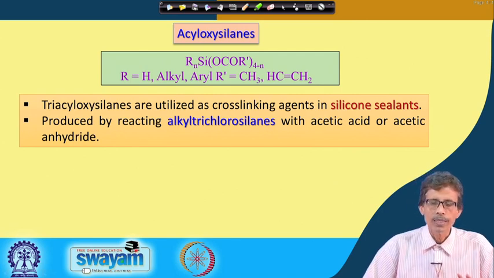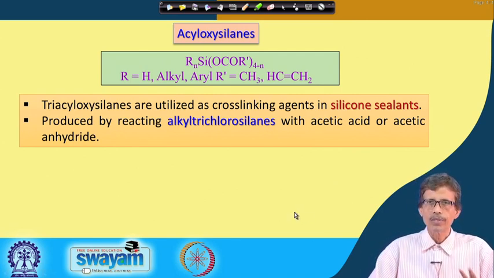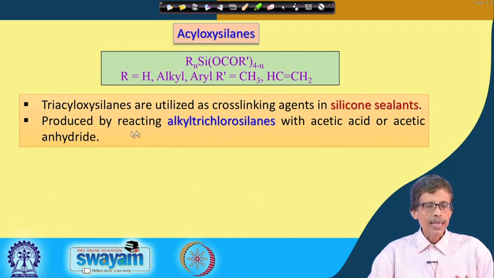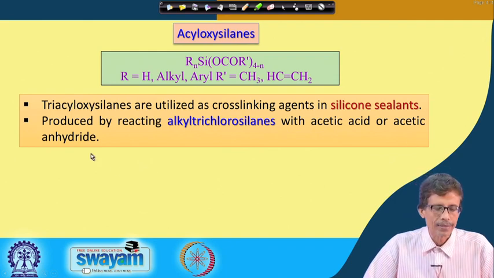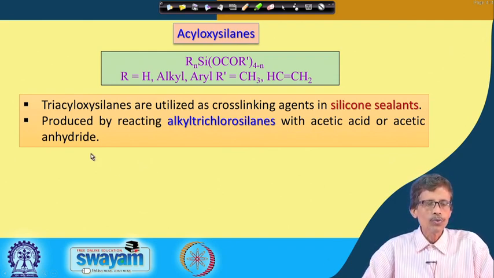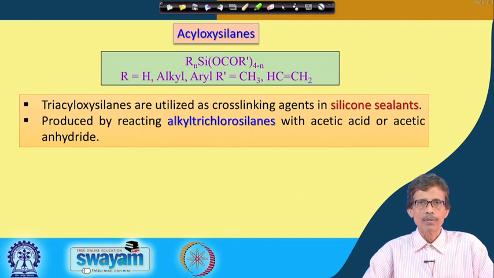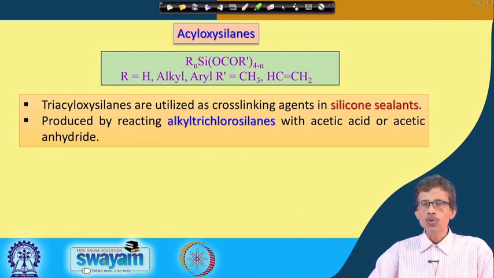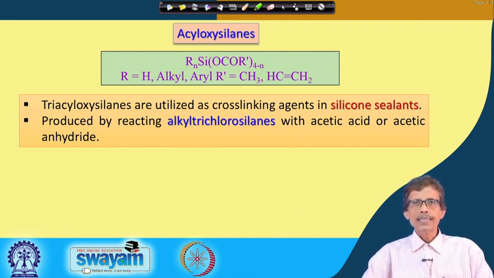So, the basic idea of this thing, how reactive material based on silicon you can make, and it can also be produced by reacting alkyl trichlorosilanes with acetic acid or acetic anhydride. So, if you can have alkyl trichlorosilanes, so we have already seen that alkyl function R is there, such as methyl trichlorosilane, which is nothing but MeSiCl3. So, that can be reacted with acetic acid or acetic anhydride, because both of them, both acetic acid and acetic anhydride, can supply the corresponding acyloxy function to the silicon center.